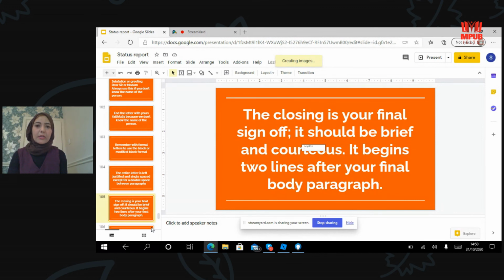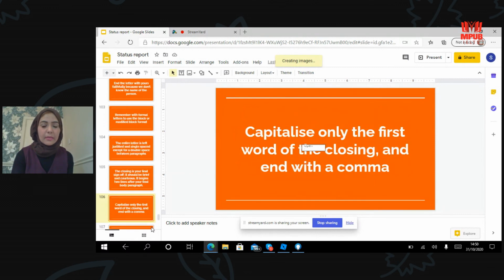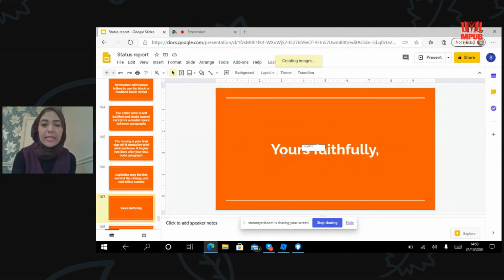It begins 2 lines after your final body paragraph. And make sure to capitalize only the first word of the closing and end with the comma. So let's see, for example, yours faithfully. So you can see yours has a capital letter and then faithfully, and then we've just got a comma, and the F there is not capitalized.